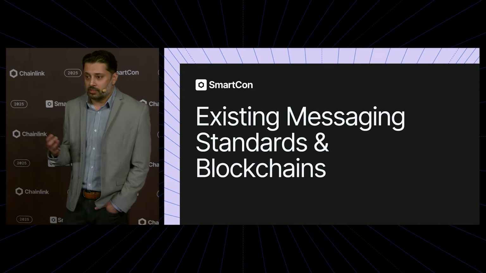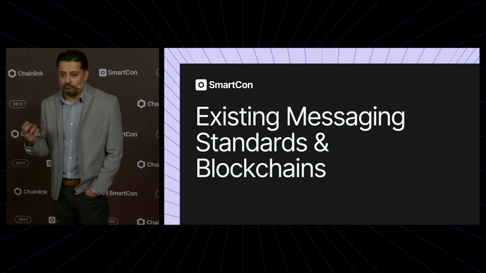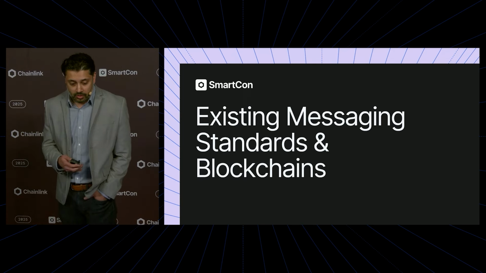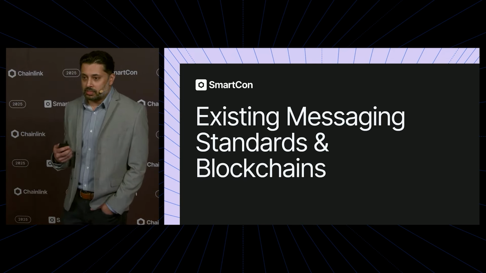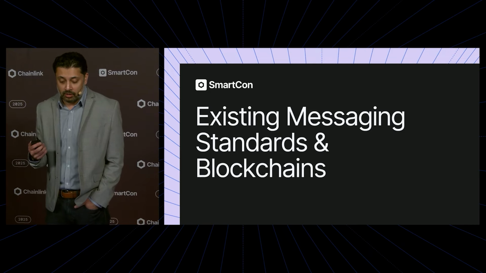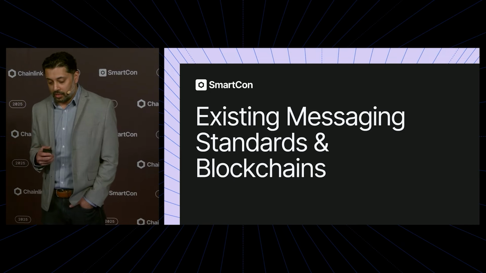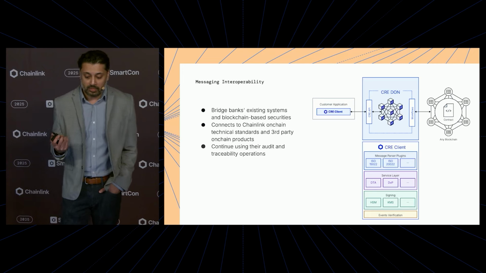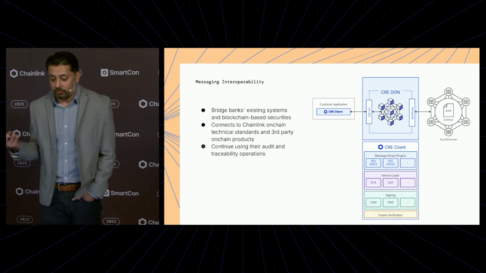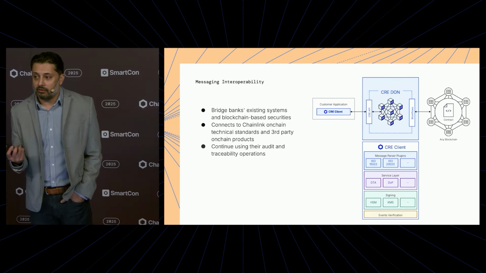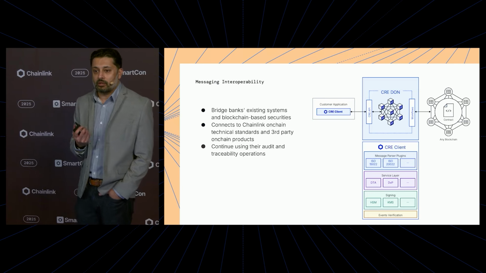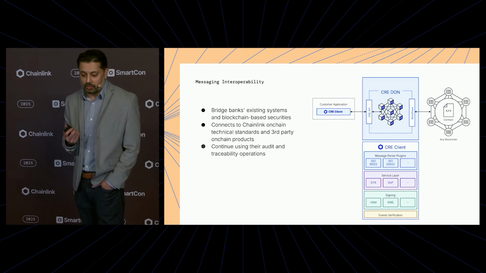You can definitely do this. It's complicated, it's involved, and it requires a lot of maintenance. What we've done is built on top of CRE a bridging layer. Basically, it allows you to take any ISO message and convert it into a blockchain operation, and then convert it back into a message that the customer application can use.